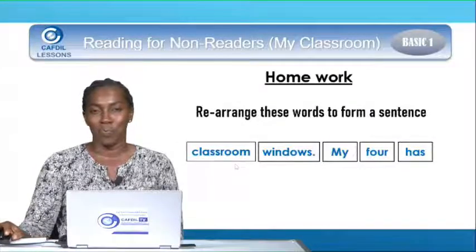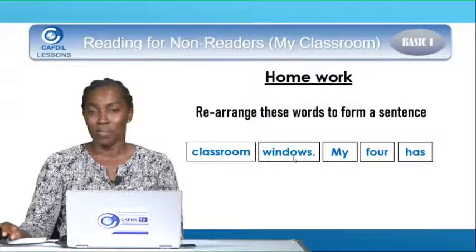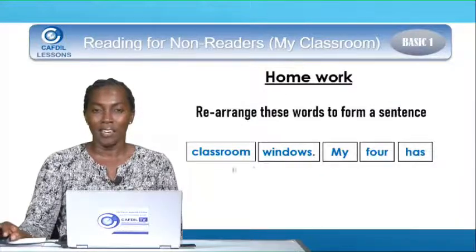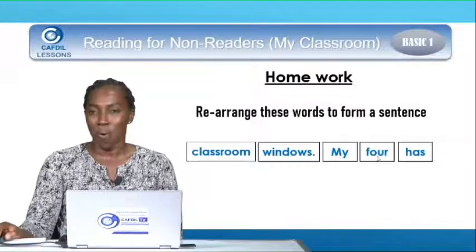classroom, windows, my, 4, has. Again: classroom, windows, my, 4, has.